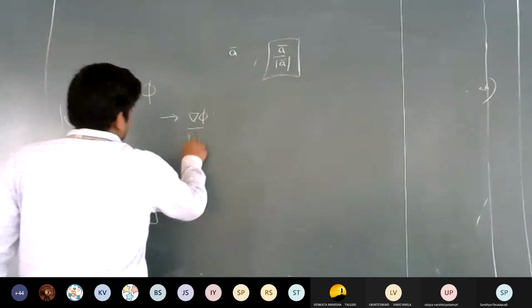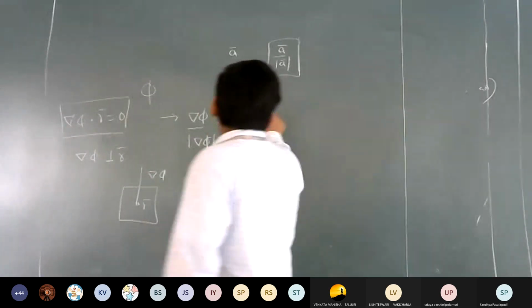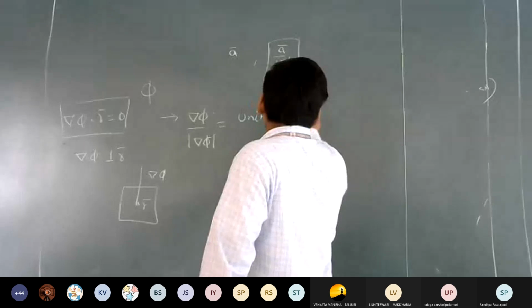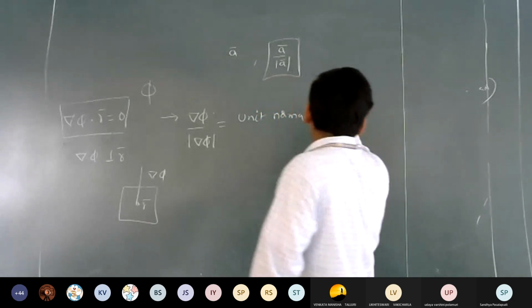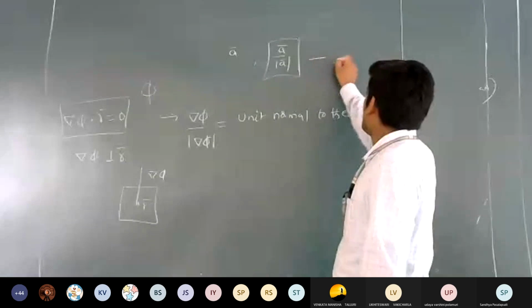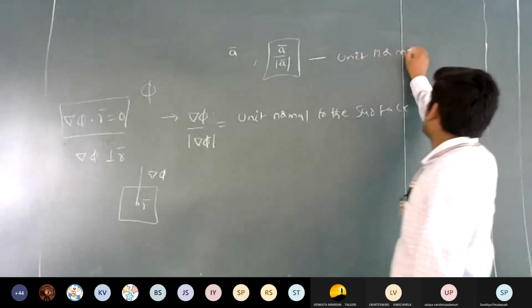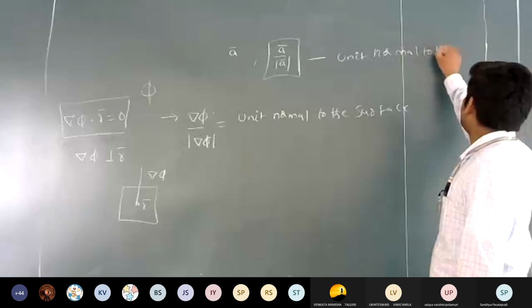Suppose they ask to find the unit normal. Then we have to divide the normal by its magnitude. This is called the unit normal to the surface, and it is called the unit normal to the vector in the other case.